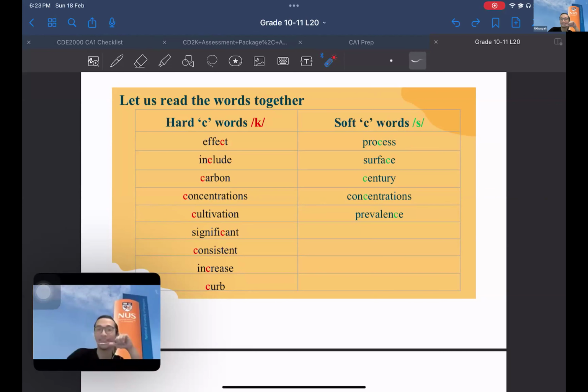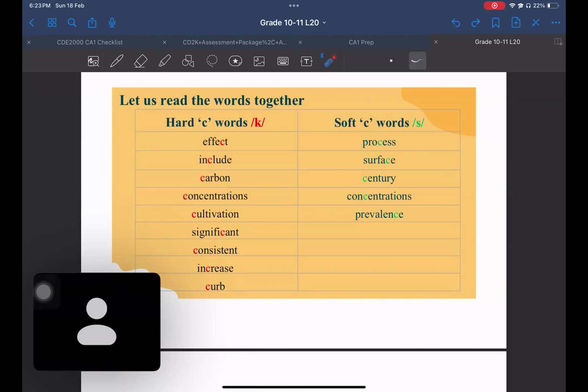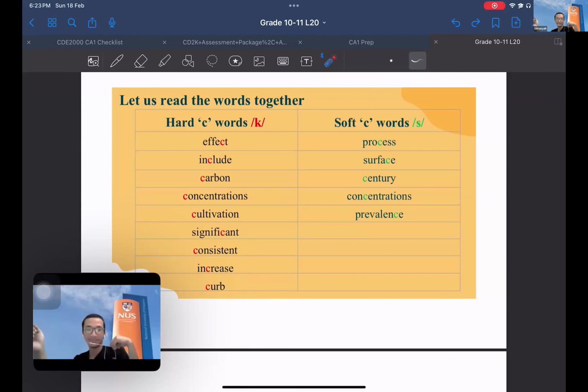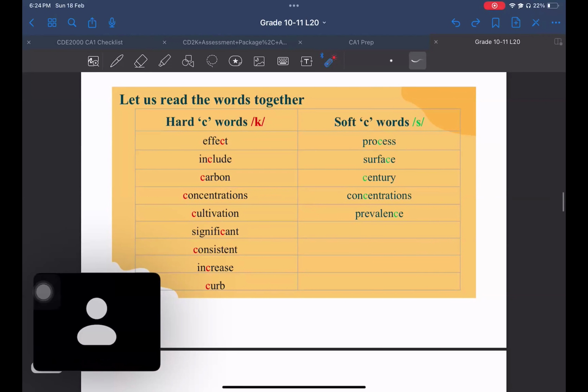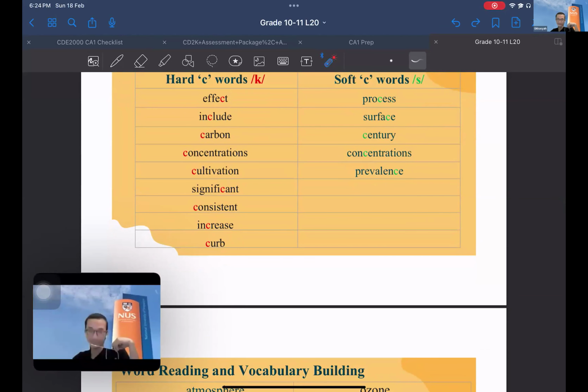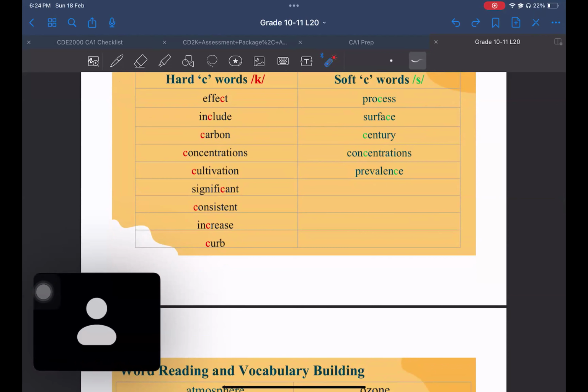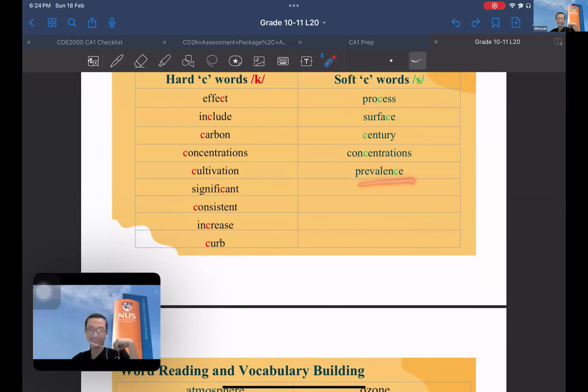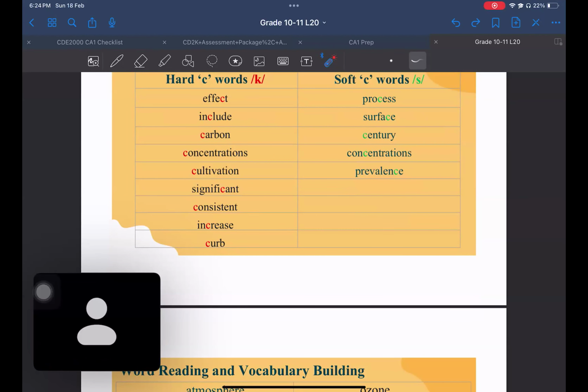Yes, very good pronunciations. Process, surface, century. Concentrations. Prevalence. Yes, correct. Prevalence.